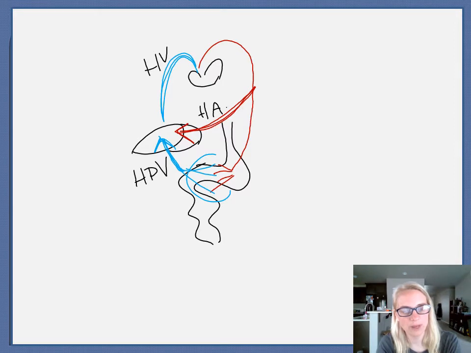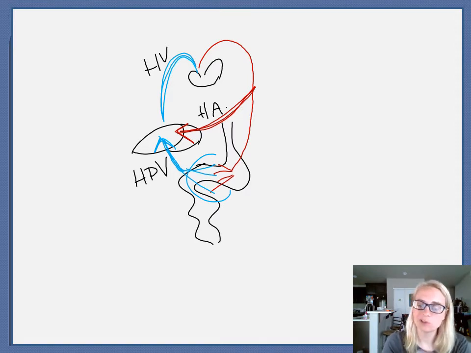So if you think back to your blood vessel list, the hepatic portal vein was important because it carried all of those nutrients that just got absorbed from the small intestine, which we talked about, the amino acids and glucose anyways, coming into the liver, and we have the oxygenated blood coming to the liver. And then the liver processes all of that and eventually drains it via the hepatic vein back into general circulation. All right, so that's the big picture.